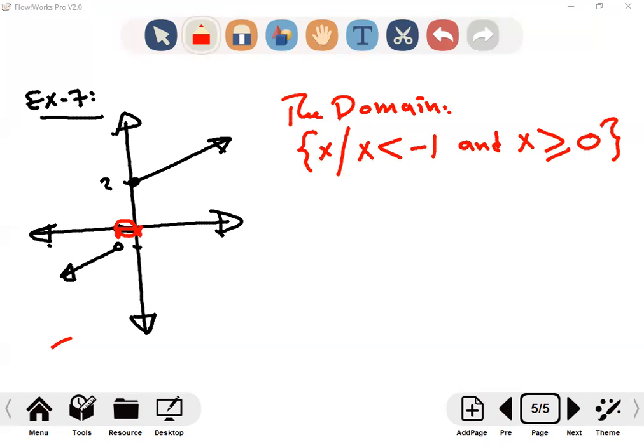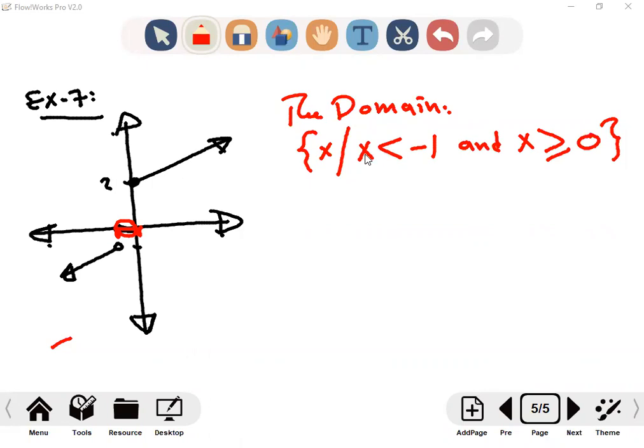So, what do you mean with an open circle? This open circle means this number is not defined. Here we have -1 on x, which means this line is not defined at -1.